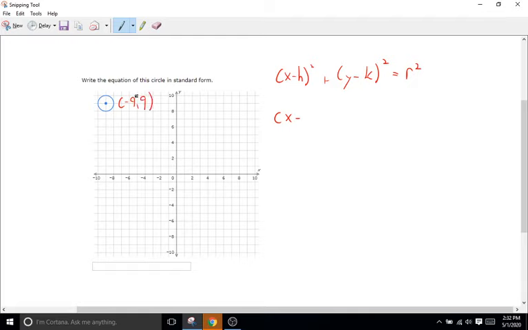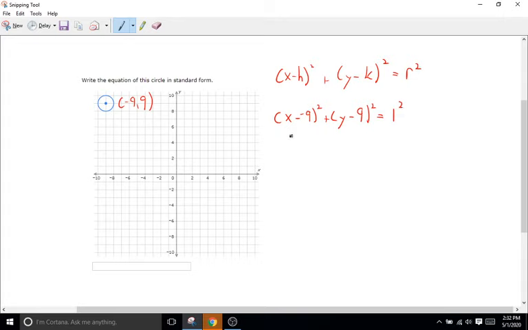So the h value is going to be -9, meaning we're plugging -9 right into this h, which means it's going to be x minus a -9 all squared plus y minus k. K is just the y of our center, which is 9. So y minus 9 squared equals, the radius looks like it's 1, so it's just 1 squared.